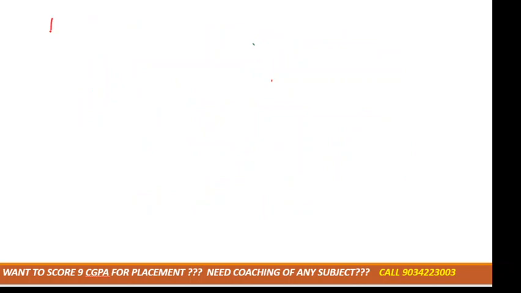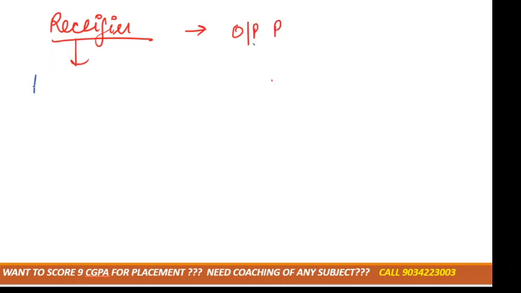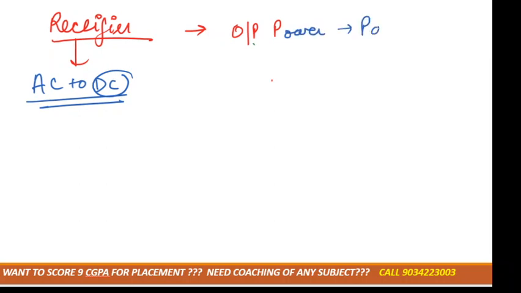Output power is in the form of AC or DC, because rectifier is converting... output is in the form of DC. Okay, PDC, because rectifier is converting AC to DC, right?